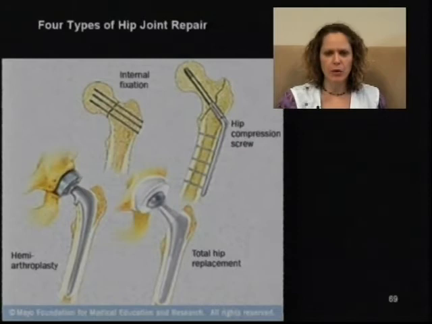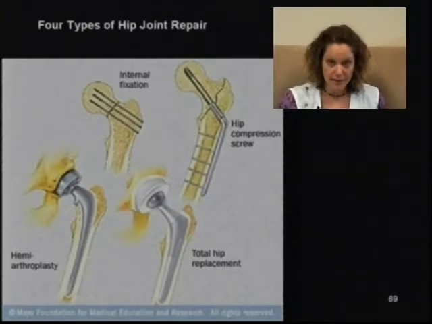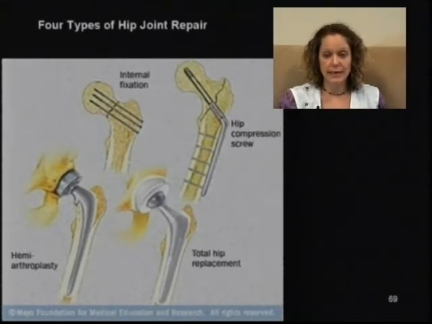Next, we see an example of hemiarthroplasty. And arthroplasty means that we are using some kind of prosthetic device to reattach and realign. So we have a prosthetic device that is inserted into the femur. In the hemiarthroplasty, only the top or the head of the femur has a prosthetic device, now placed into the patient's acetabulum.